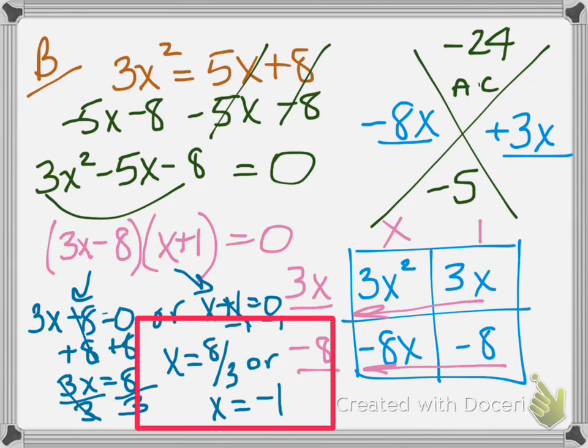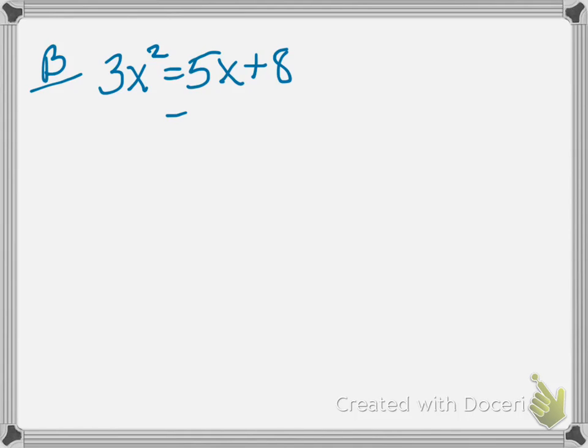So let's test and make sure we get the same solutions using the quadratic formula. So for part B, the quadratic formula, we would first, again, have 3x squared equals 5x plus 8. We'd still have to get everything to one side.